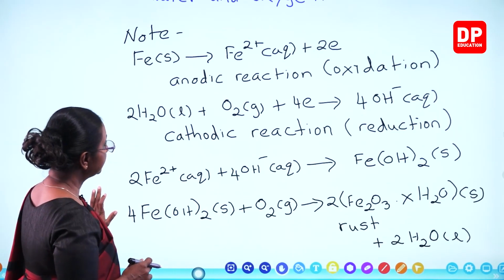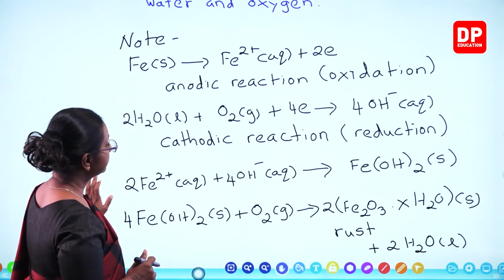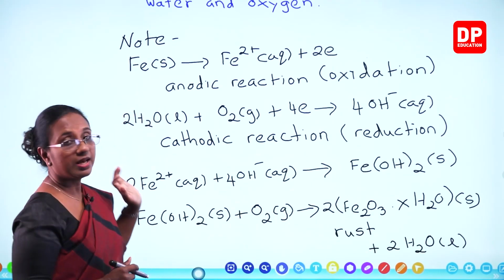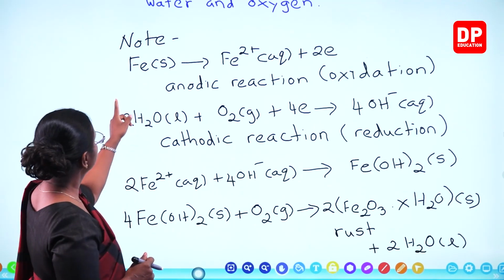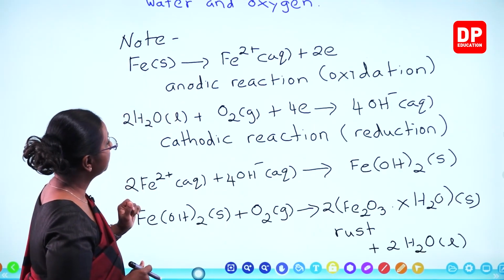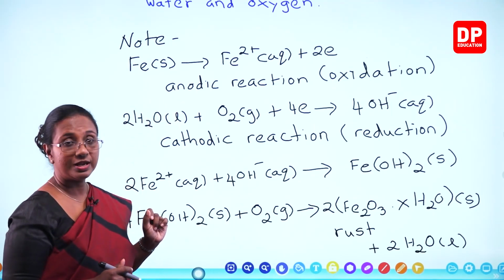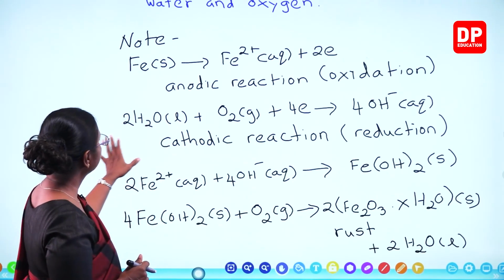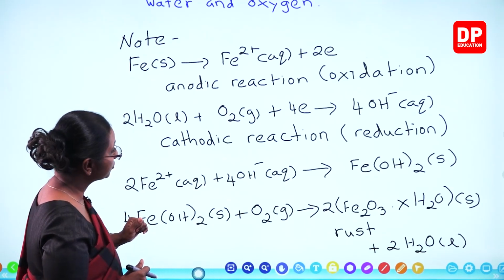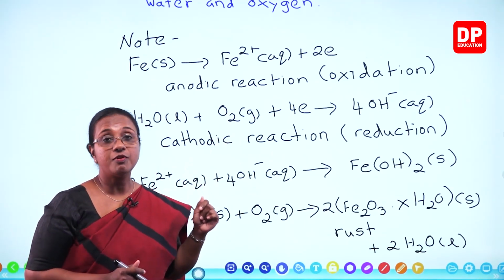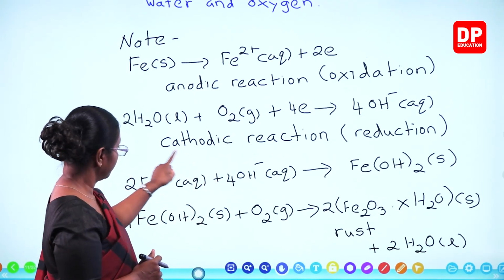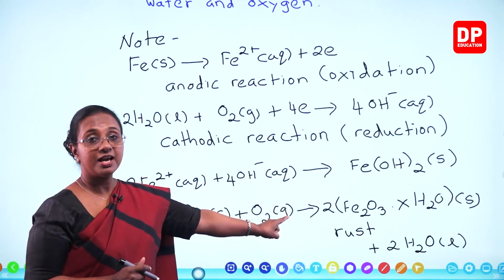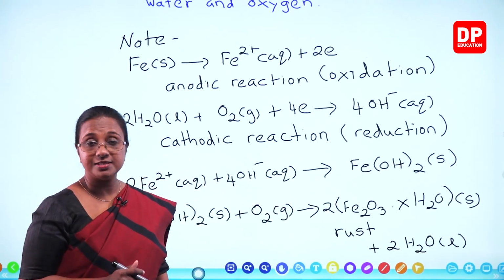So here again, to summarize what is happening, as a note, I gave you all these equations. Iron solid becomes Fe2 plus aqueous, losing 2 electrons. That is the anodic reaction or the oxidation reaction. Then here you can see water and oxygen take up electrons and form OH minus ions. So this is the short reaction I have written where Fe(OH)2 is formed.